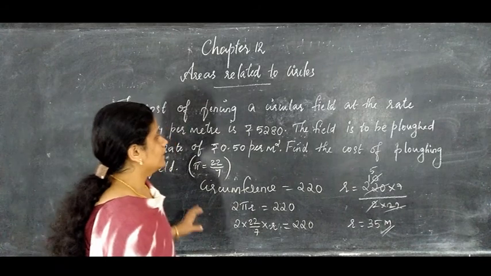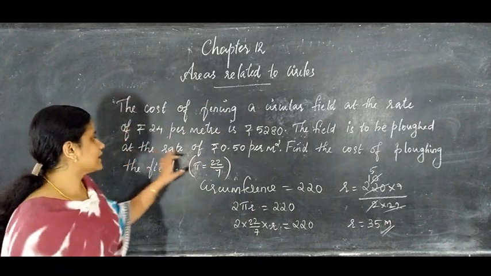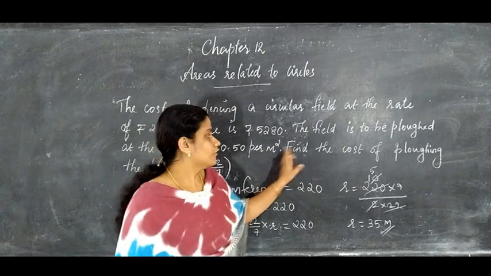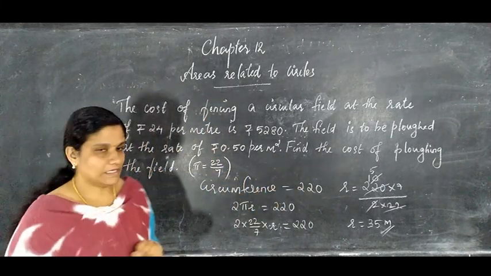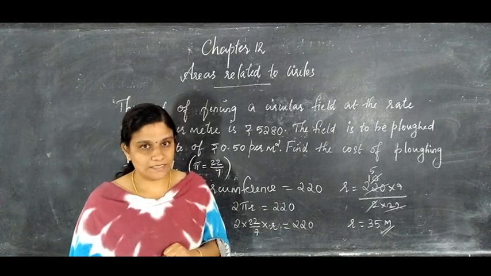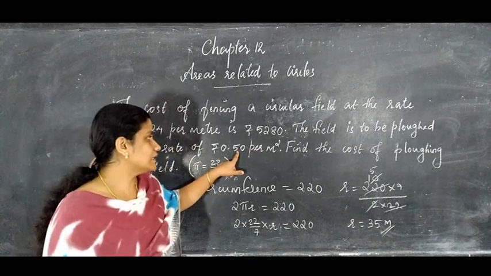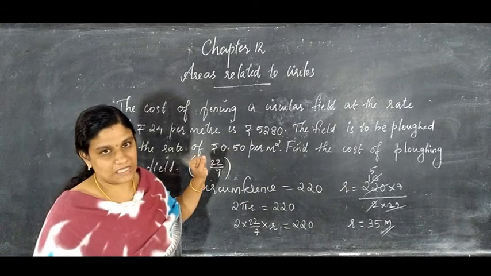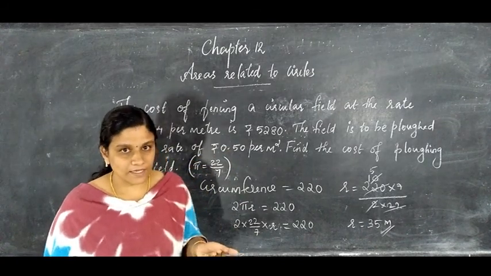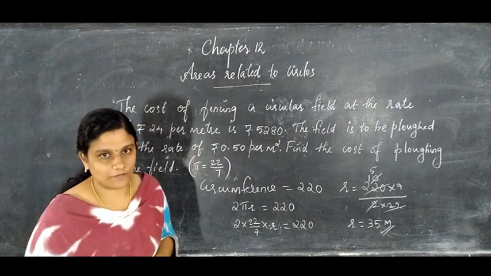Okay. Now the field is to be plowed at the rate of rupees 0.50 per meter square. Find the cost of plowing the field. So first of all, we have to find the area to be plowed. For 1 meter square it is 50 paise. So we have to find the total meter square, then multiply by 0.50.